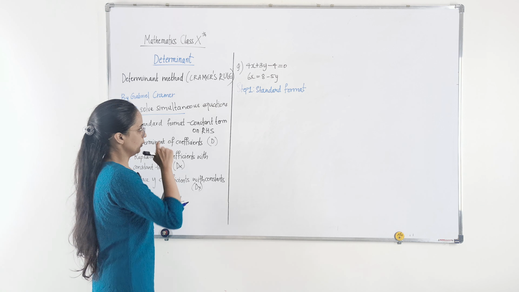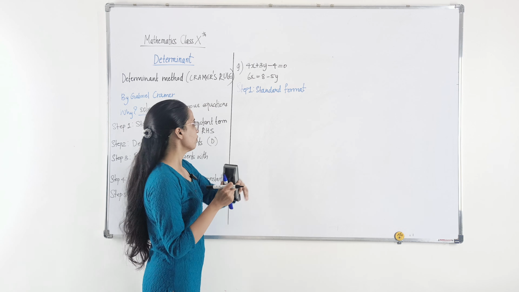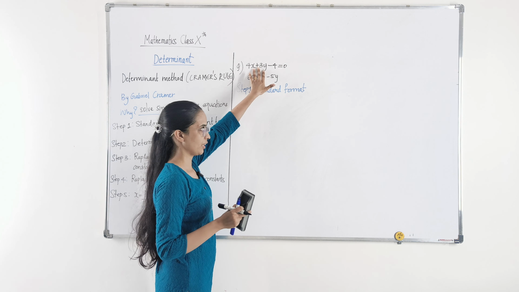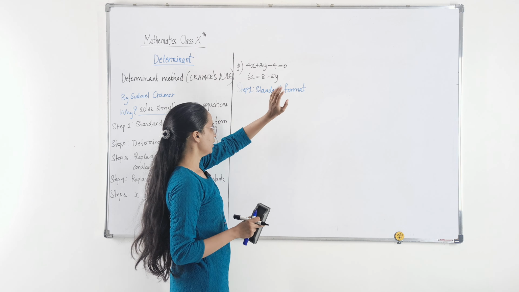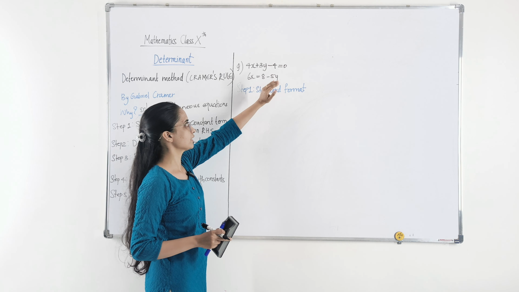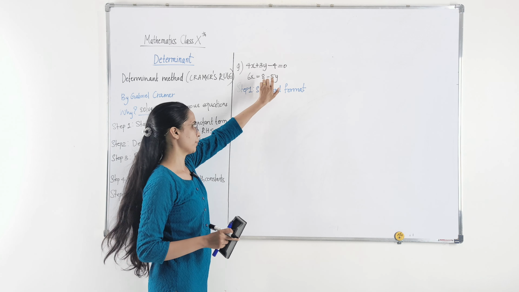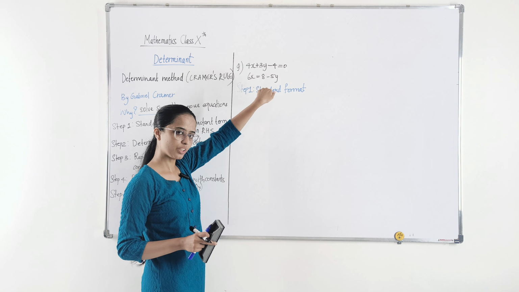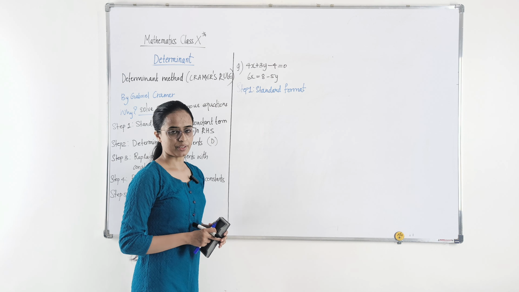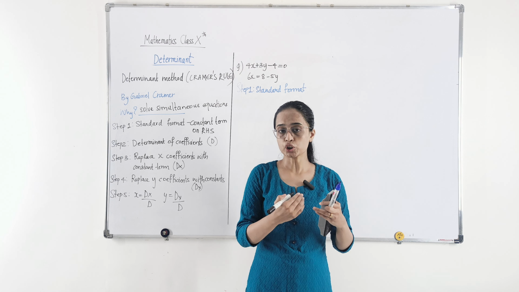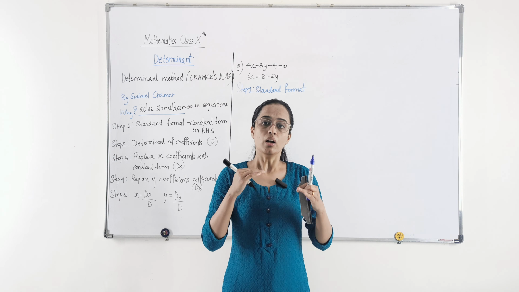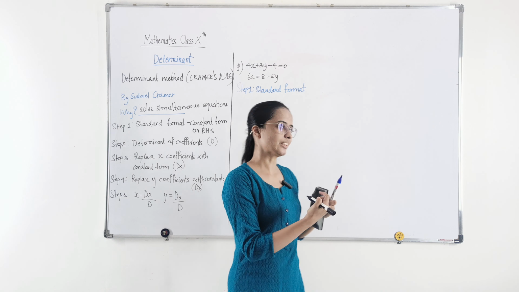So what we would do is, we would be keeping the variable terms on the left hand side and moving the constant term on the right hand side. Similarly, on the right hand side, already we have the constant term, but we don't want this term over here, so we are supposed to move it on the left hand side. Whenever we do this shifting of terms, we do it by changing its signs.